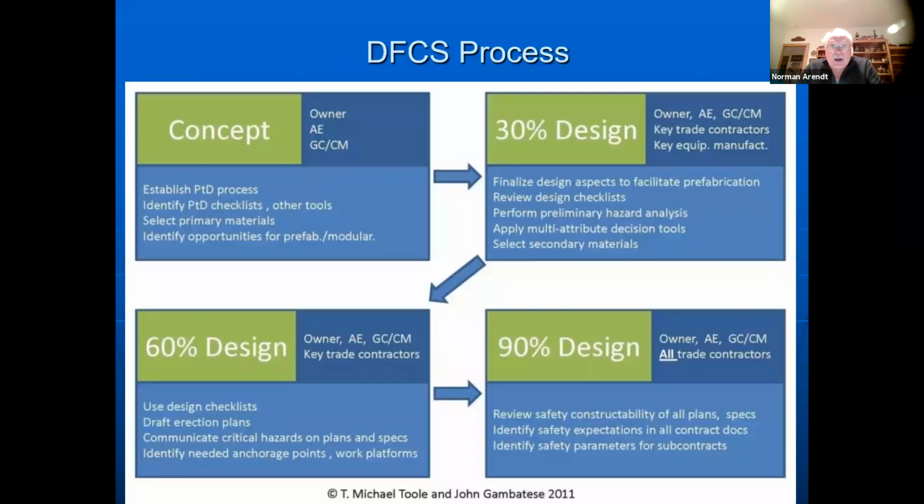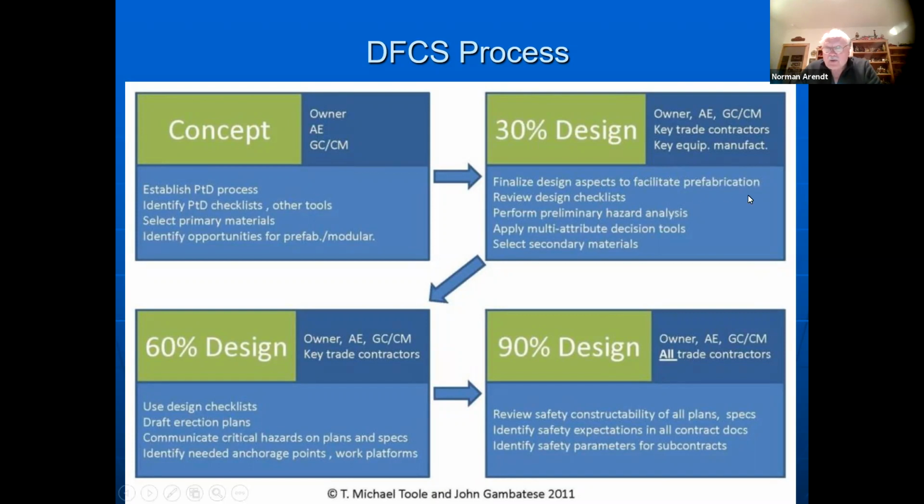The DfCS process may look something like this. You're the owner, the architect, the general contractor, the construction manager, all get together and establish the prevention through design process right at the start. Then you have a 30% design, and for those of us in the design field, this is very common where we go 30, 60, 90% design, and you can see what we're looking at.